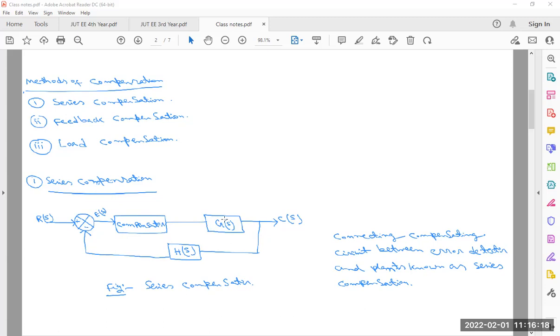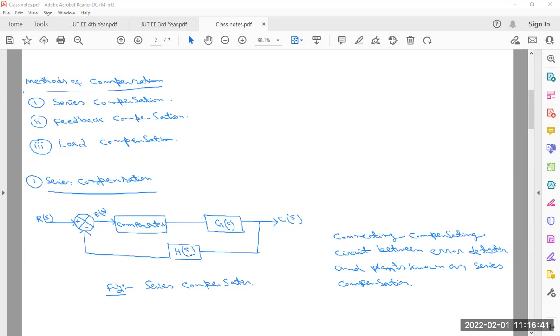Then we connect G(s), which means the process or plant. This process or plant goes through a closed loop connection, that is a feedback loop connection, expressed here as H(s). When any unity feedback is attached in this control system, it is called a unity feedback system.